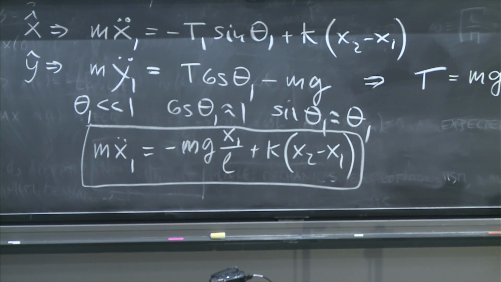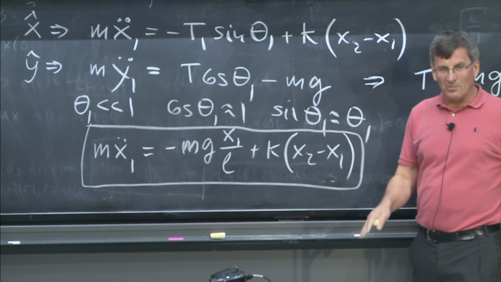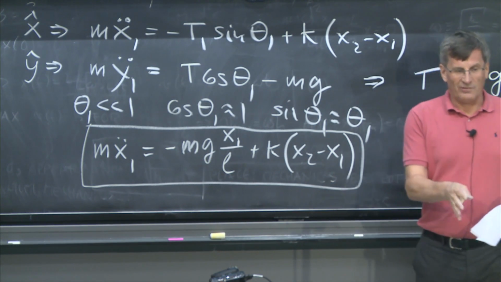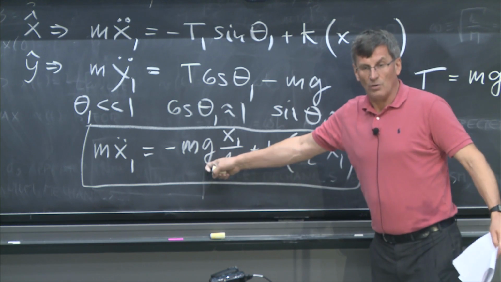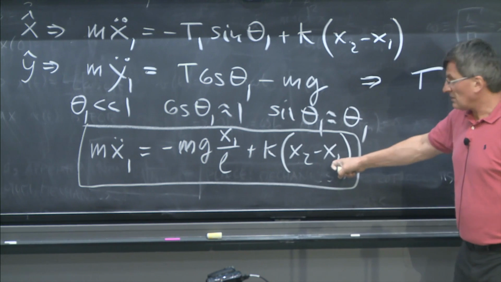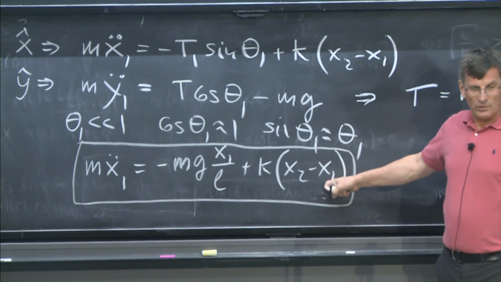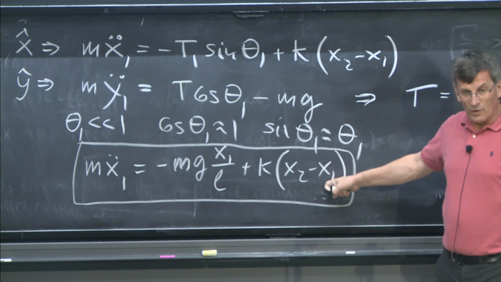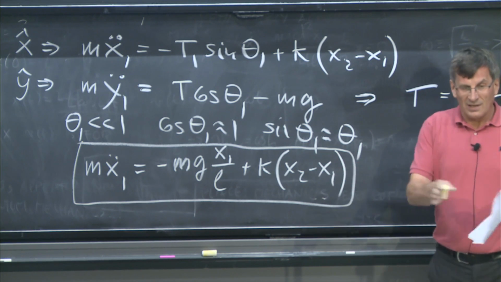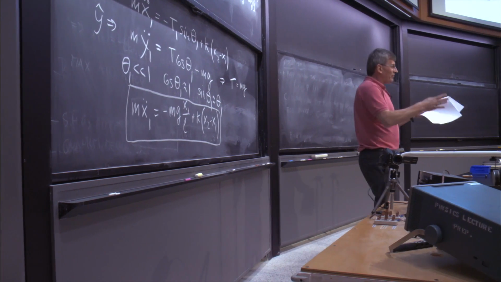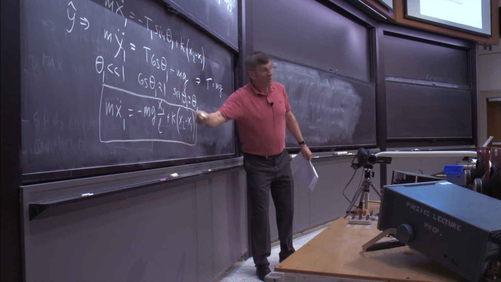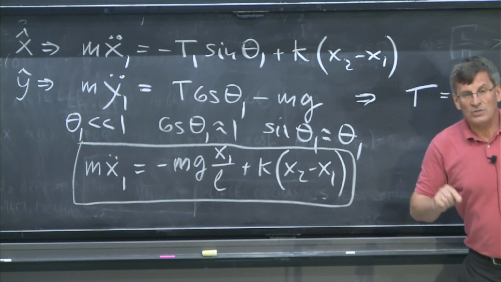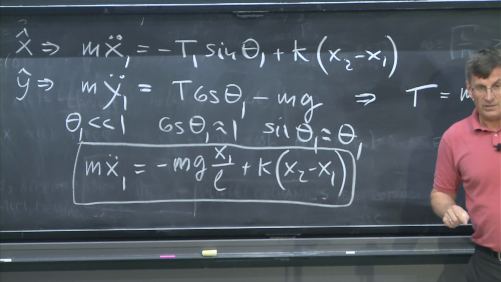Most of the terms have to do with the motion of mass 1 itself: mass 1 as its own pendulum, and mass 1 as feeling the effect of the spring force. But because the force of the spring depends on the difference between positions, there is this coupling, so the motion of mass 1 knows of where mass 2 is.